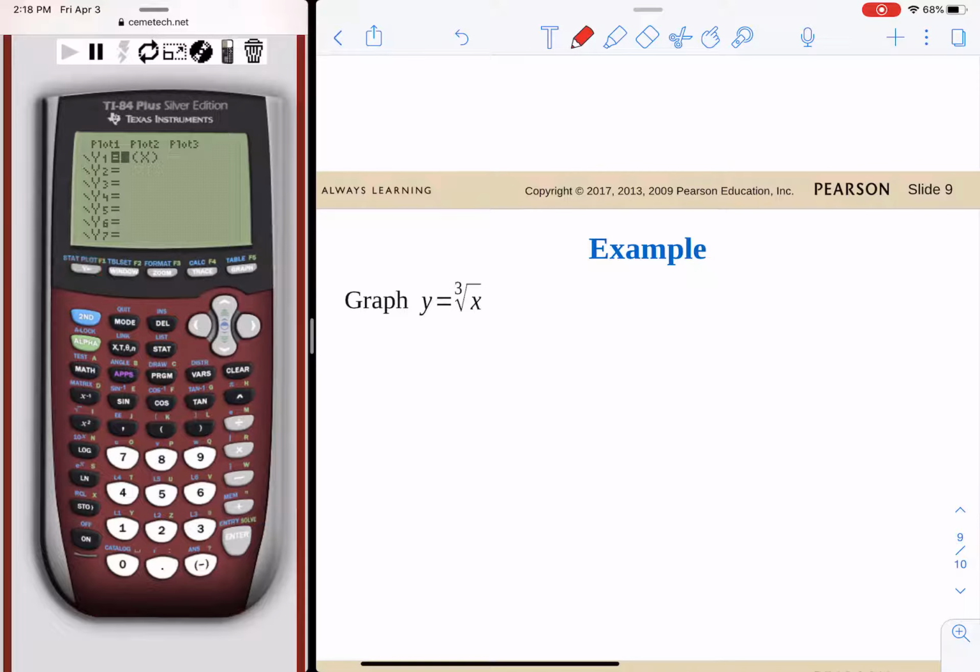So y equals, we have to change the square root to a cube root. So x cube root would mean the power of 1 over 3, and graph.